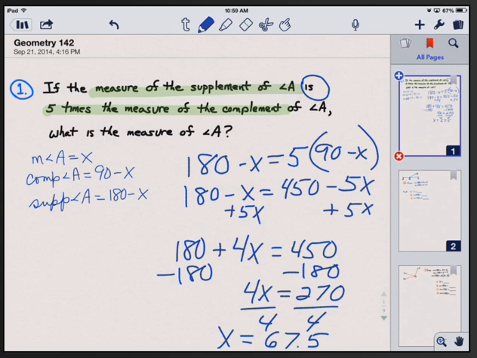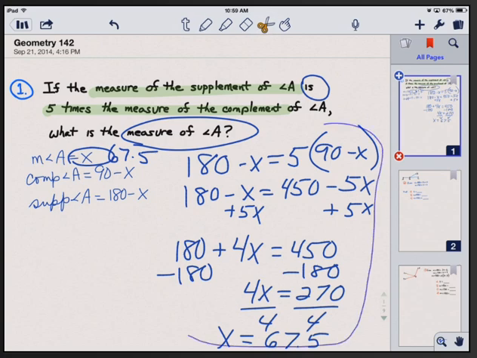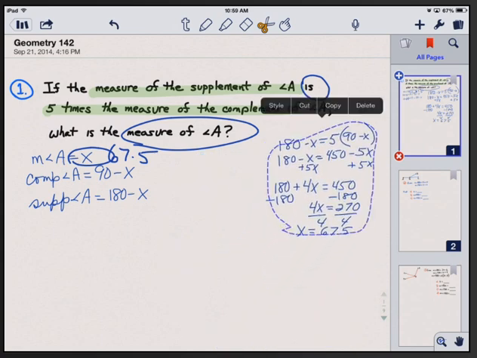So that appears to be the answer. We answered what is the measure of angle A. We stated 67.5. But now we still have, or should, check the answer. So I'm just going to minimize some of this and checking the answer.